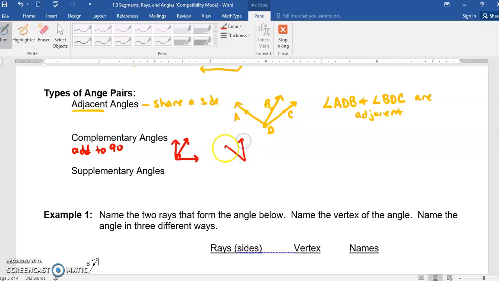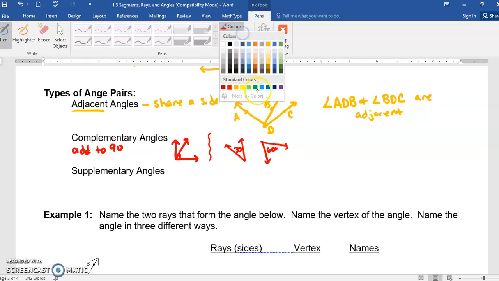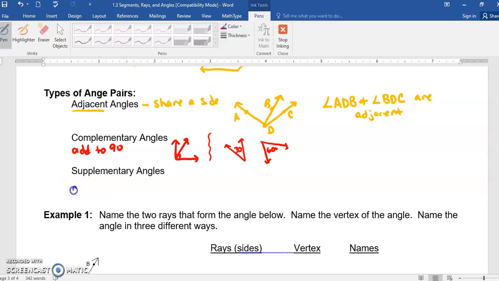Now, if this is a 30 degree angle, and somewhere over here we have a 60 degree angle, these two angles are going to be complementary because their measures add up to 90. And similarly, supplementary angles have measures that add up to 180.